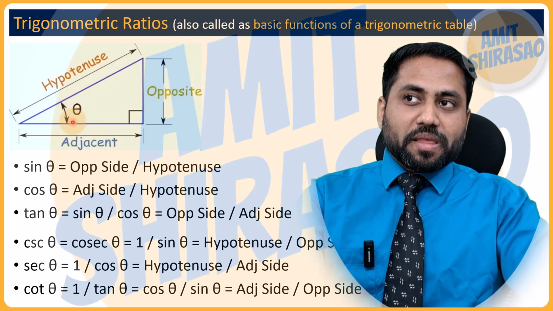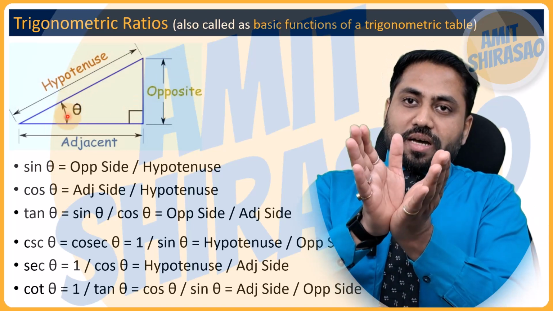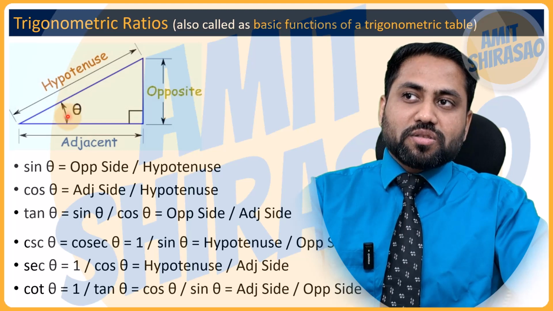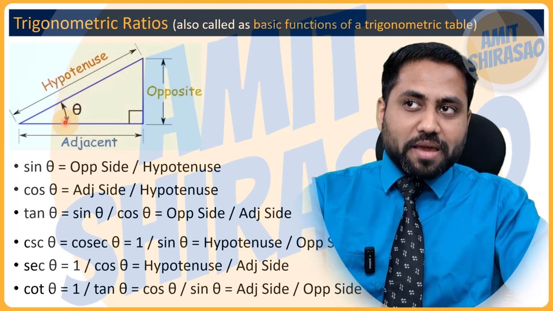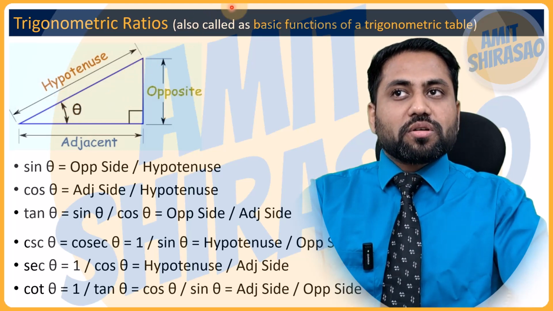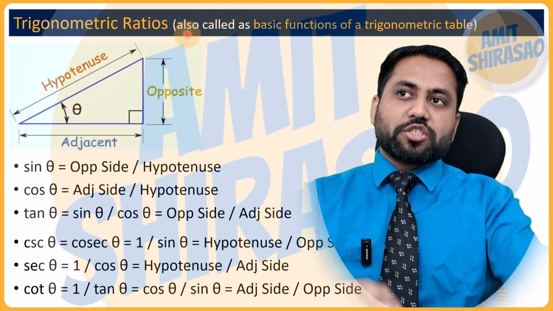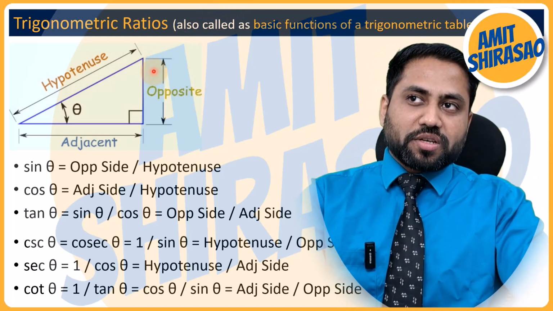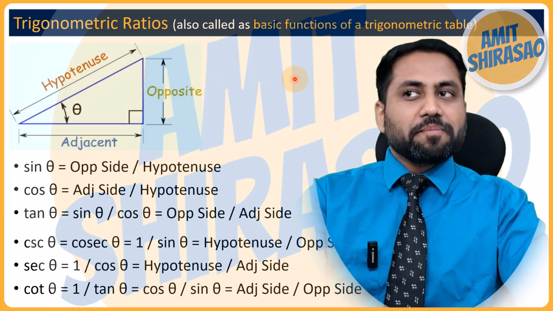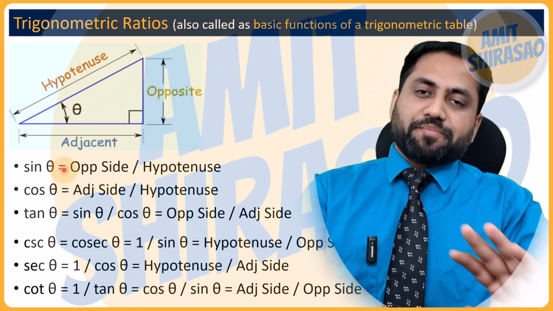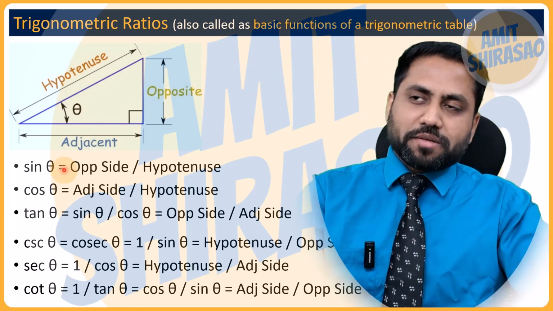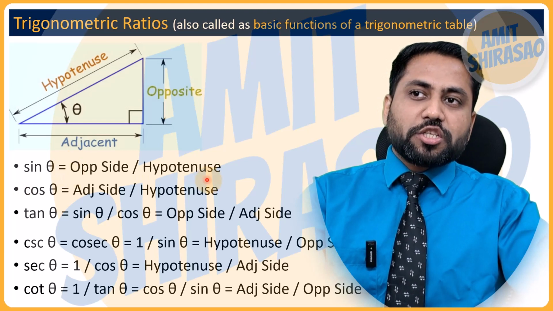It depends upon this angle. As long as you keep this angle the same, no matter how long or wide you stretch this perpendicular, moving it towards the right, sine of theta will remain the same. So this is the whole concept. That's why it's given in terms of ratios.